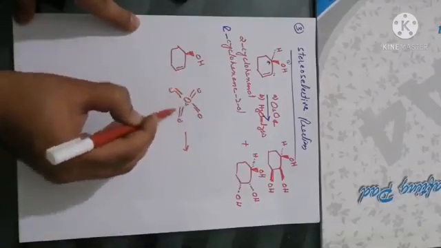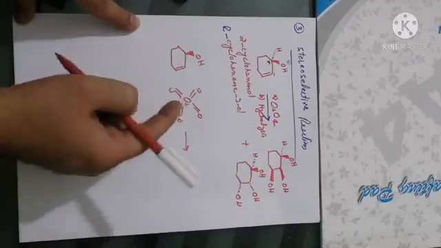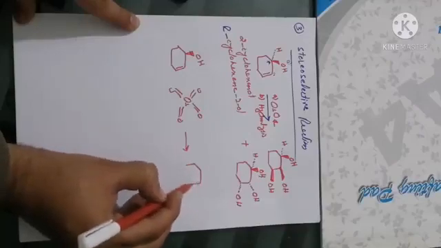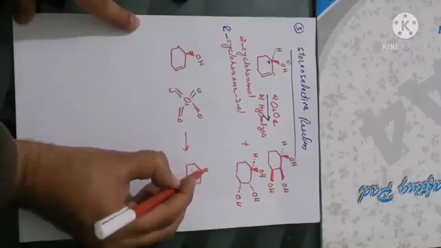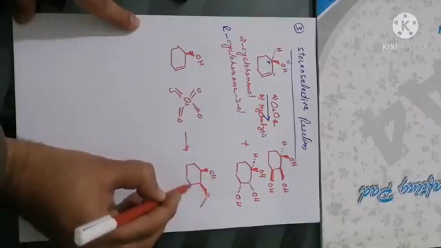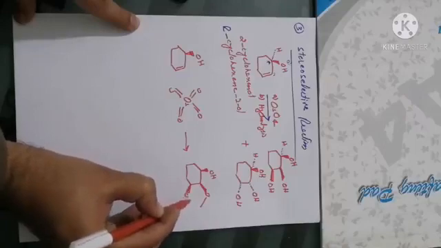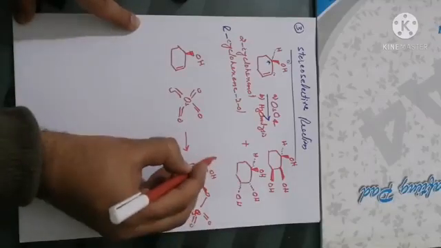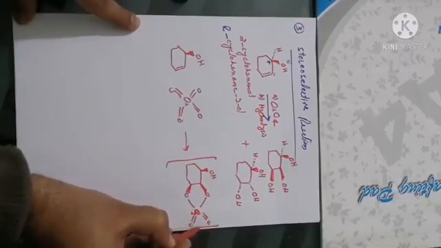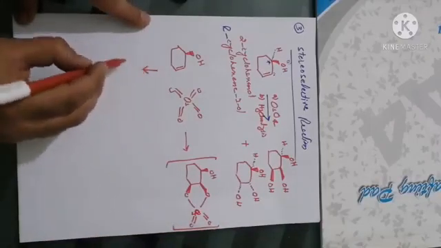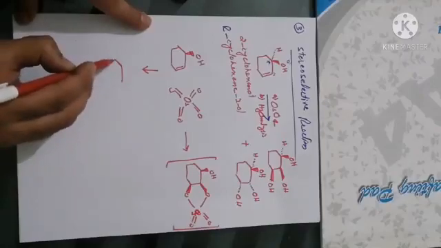If the attack of the osmium tetroxide is from the upper face, then the transition state will be like this, on the same side of the hydroxyl group. We may have the second transition state.